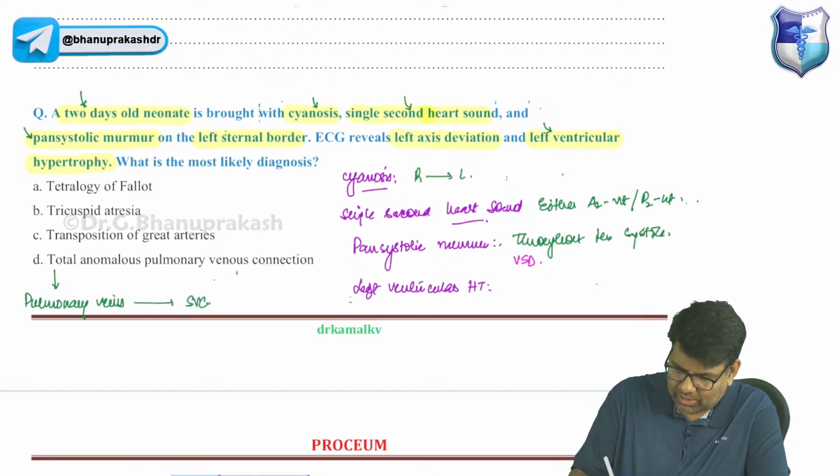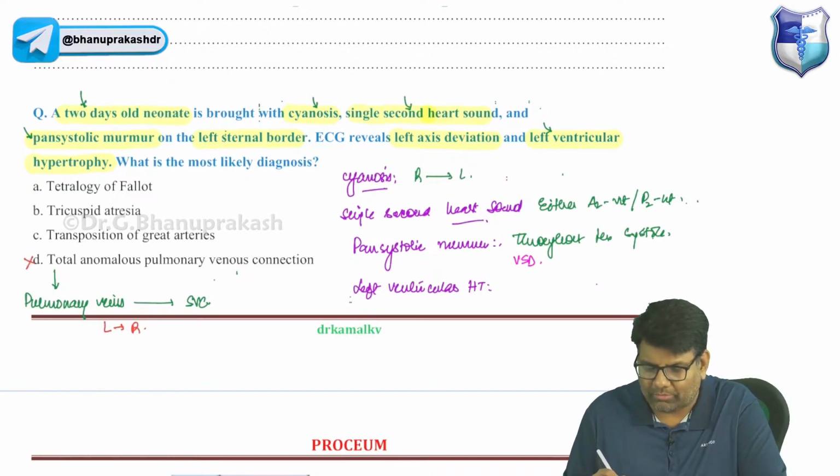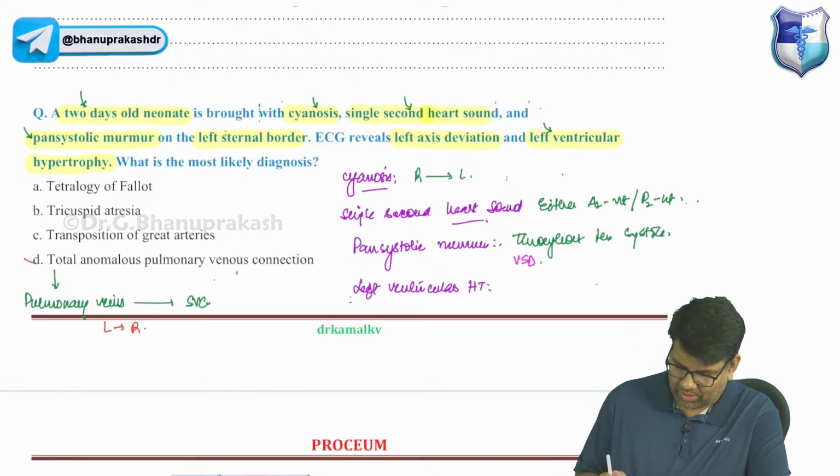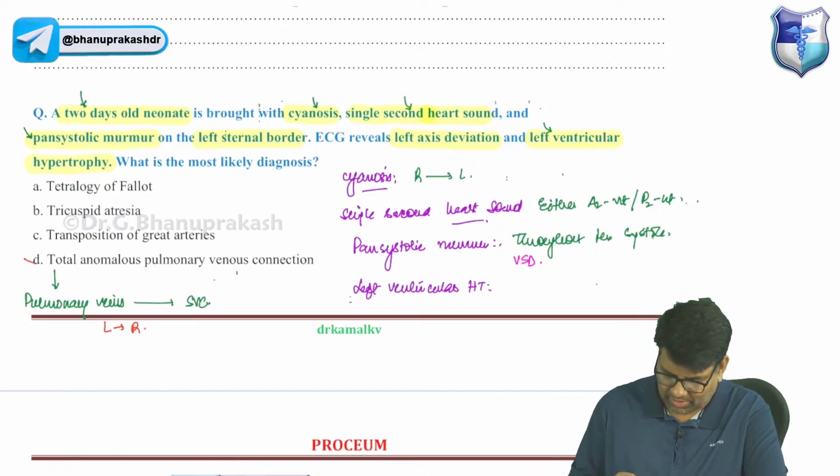So this is actually left to right. Right? So this is left to right shunt. So this will definitely be ruled out here. So blood is going from pulmonary veins to, it can be draining into the superior vena cava or below. It can be supracardiac, intracardiac or infracardiac, right? So this is ruled out.